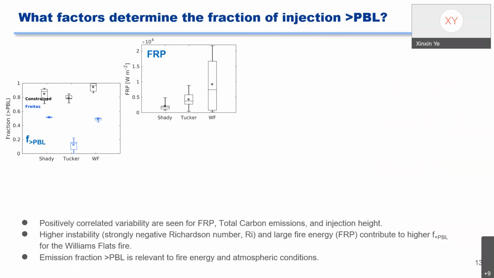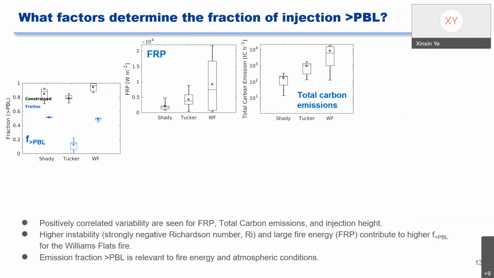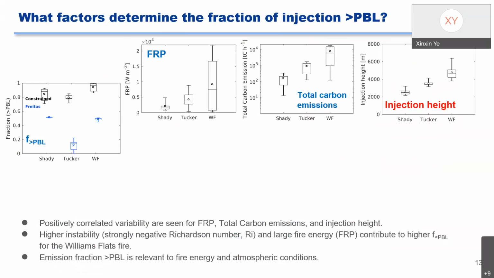Firstly, we examined the basic features of the fires. These are the fire radiative power, total carbon emissions, and the injection height. We can see that these three have a pretty good correlation, which shows the feature of the total energy or the total emissions for each fire.